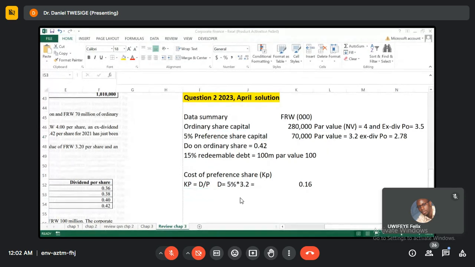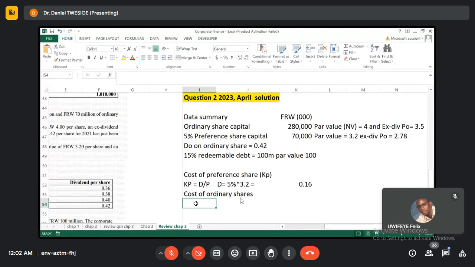Members, we can continue. Okay, so we can now look at cost of ordinary shares. I think cost of preference is also cost of ordinary shares.